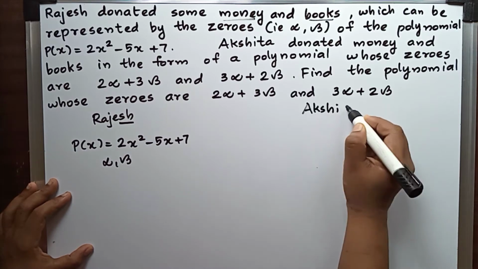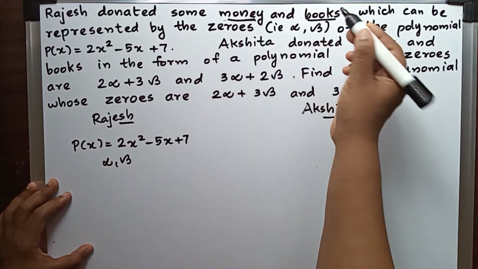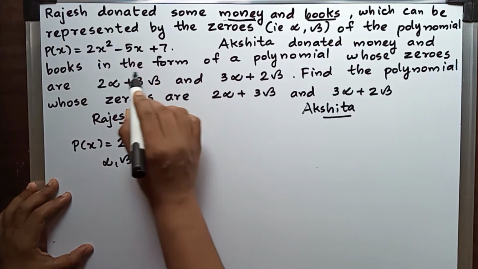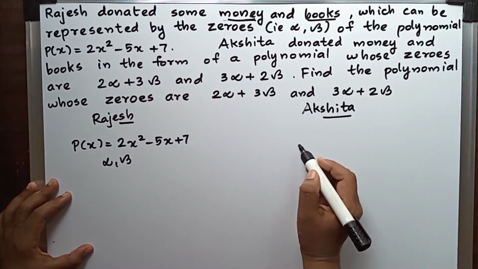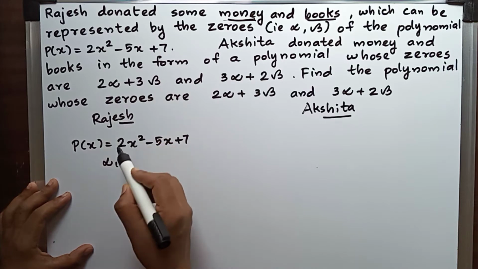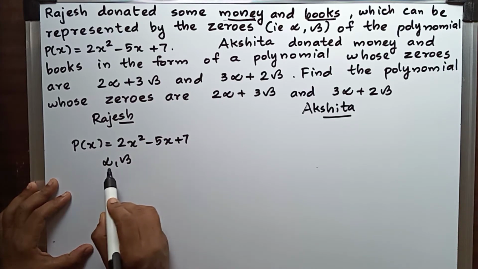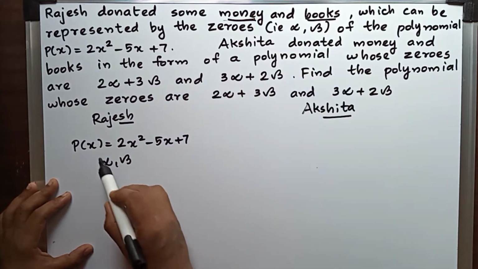Akshita also donated books and money, but that is included here itself. That is, it can be represented by a polynomial. See, donation from Rajesh is represented by this polynomial, and zeros of this polynomial will give us the money and books donated by Rajesh.